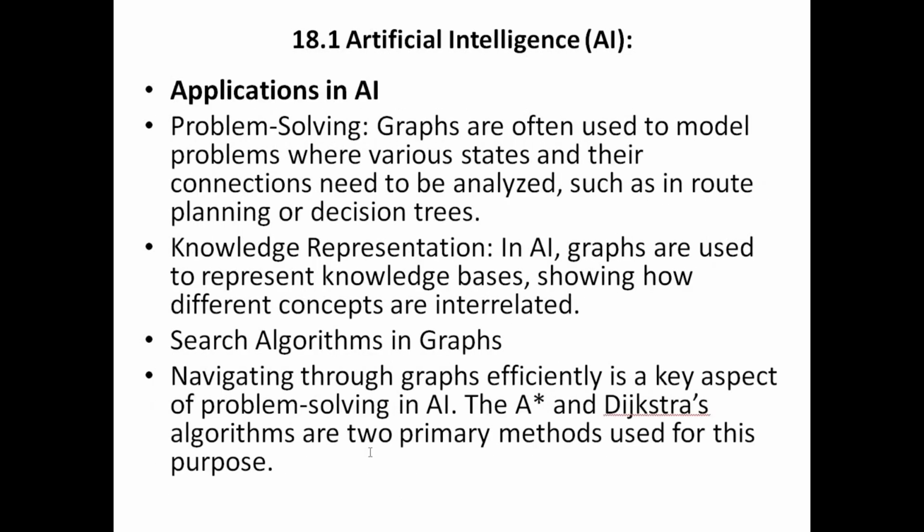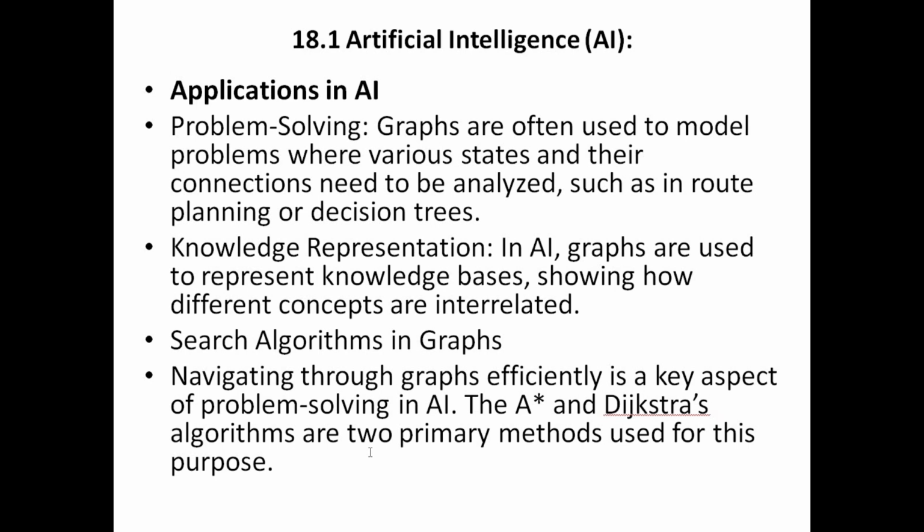They are used for problem solving. They are often used to model problems where various states and their connections need to be analyzed, such as in route planning or decision trees. They are used for knowledge representation, showing how different concepts are interconnected, something like a brainstorming diagram.